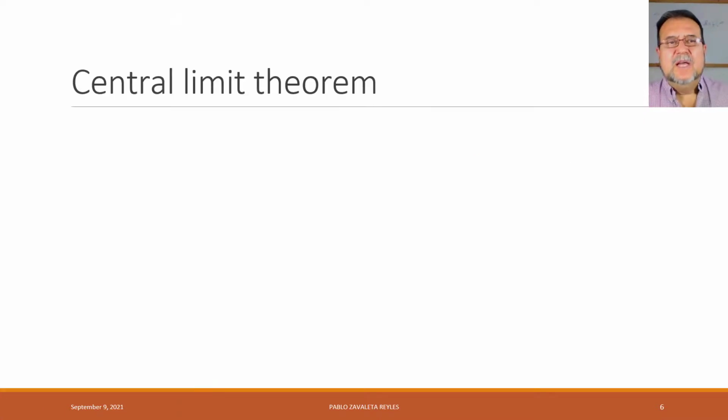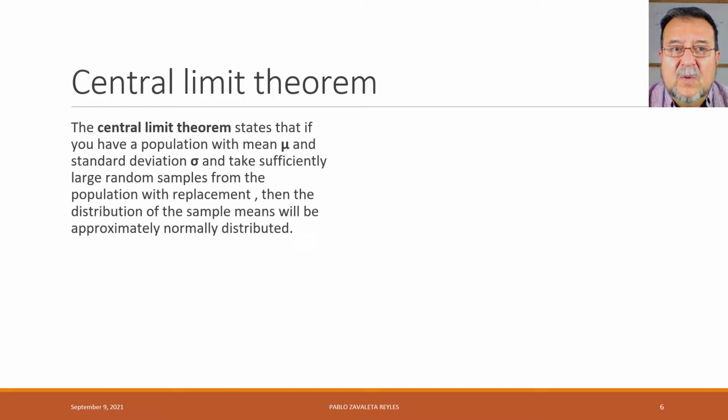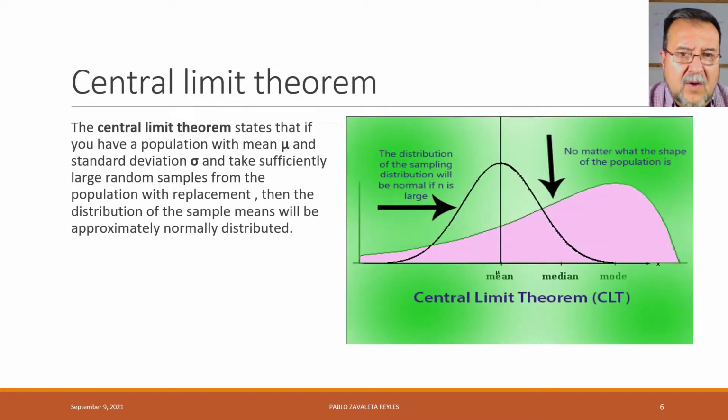One of the tools that we tend to use a lot is the central limit theorem, which states that if you have a sufficiently large population, its mean and standard deviation will conform to a normal curve. Or if you want it in a more visual manner, we have this.